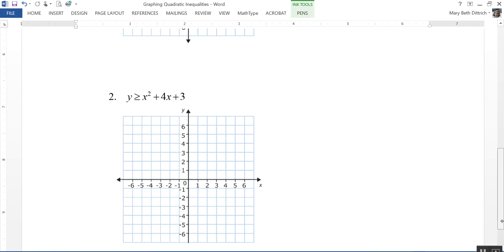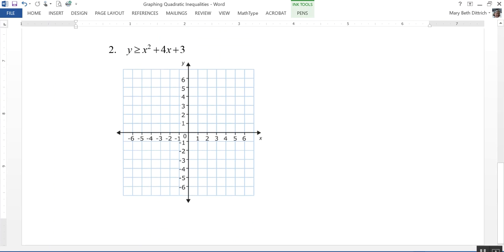Here I have y is greater than or equal to x squared plus 4x plus 3. And looking at that, I realize that that can actually be factored into (x plus 1) and (x plus 3). And that tells me that I'm going to have x-intercepts of -3 and -1.